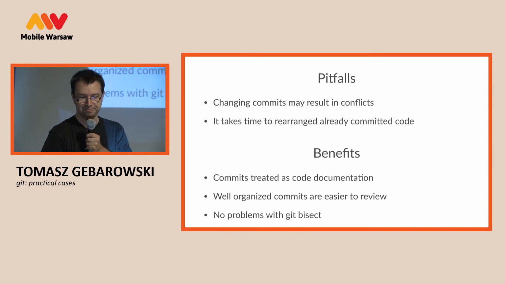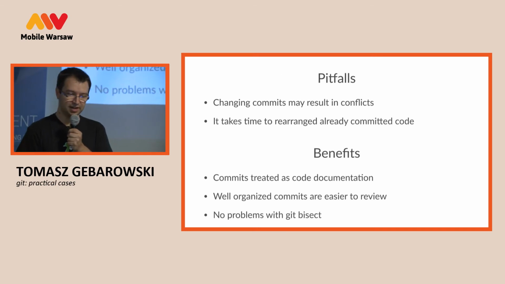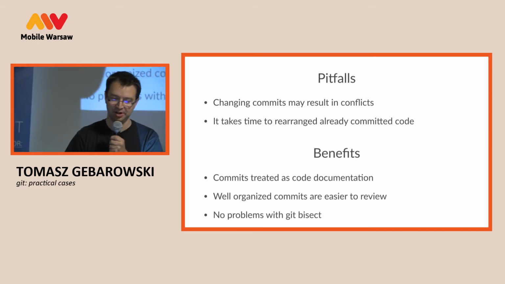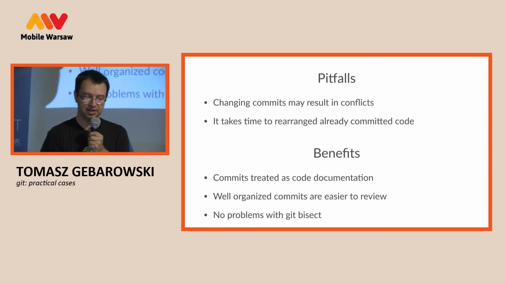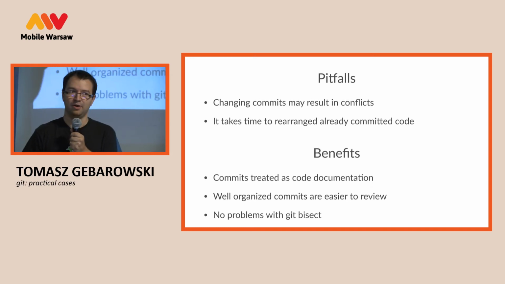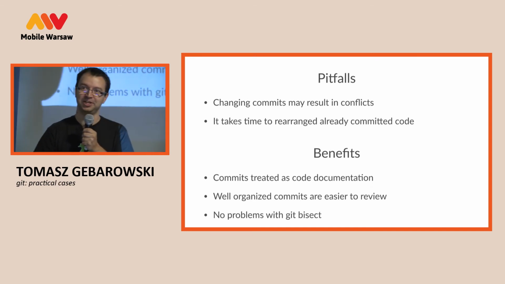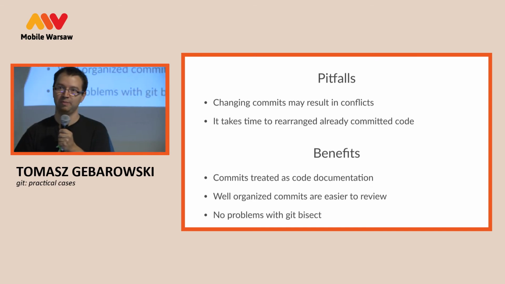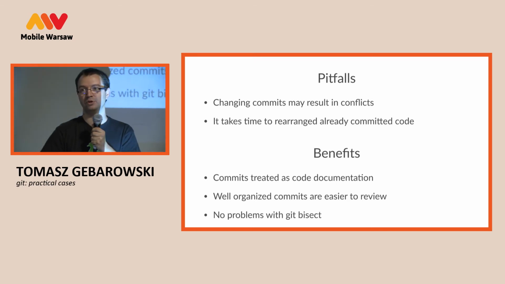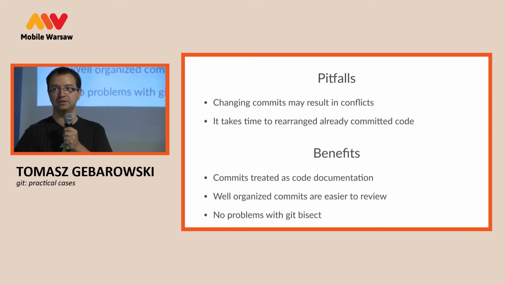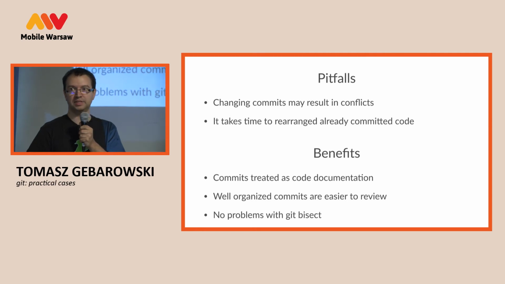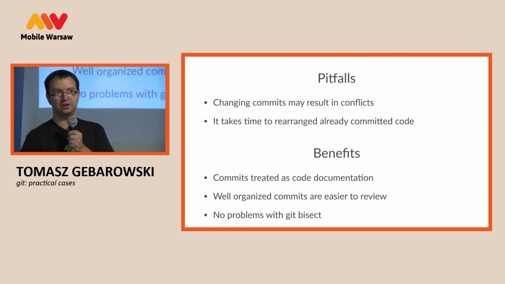Okay, to sum up, the pitfalls of clean history and all this rebase process are that we may have some conflicts when we are rebasing, when we are changing the order of commits, when we're playing with the history. It's worth knowing that there may be some conflicts.